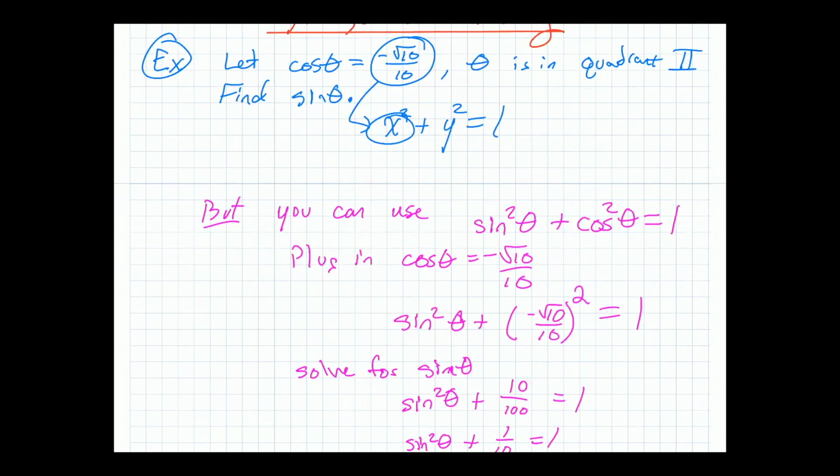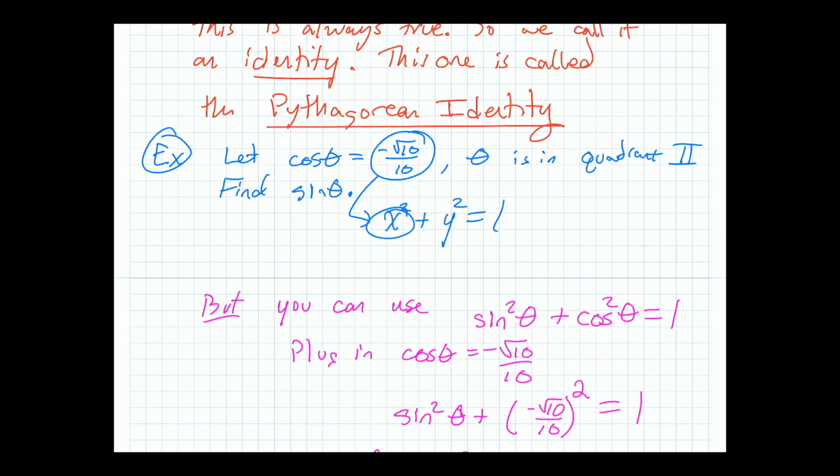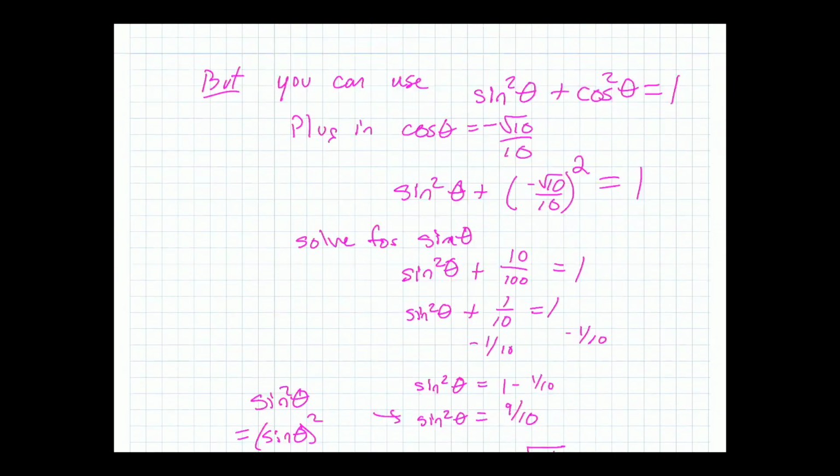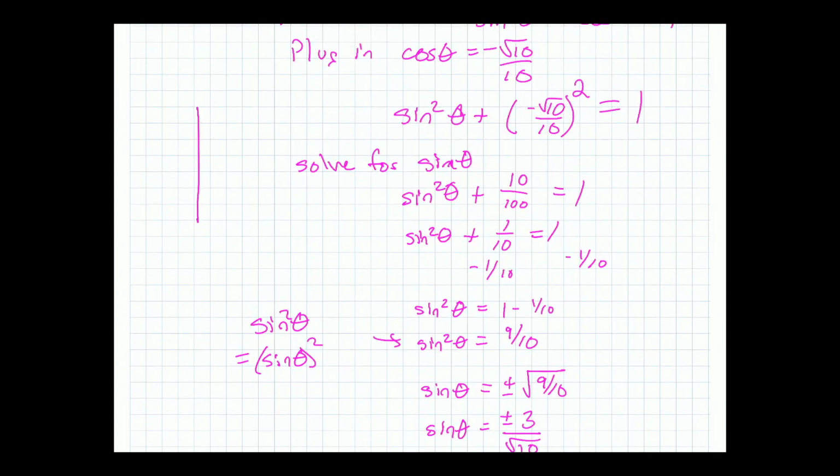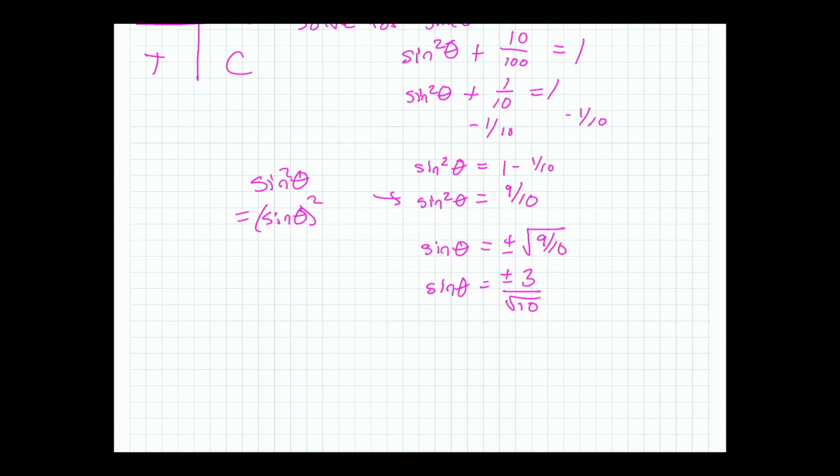What quadrant are we in? 2. So in quadrant 2, all of them are positive in quadrant 1. Quadrant 2, the sine is positive. So we have sine theta is 3 over square root 10.